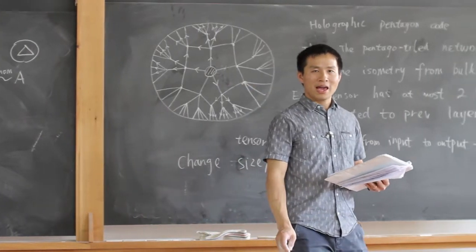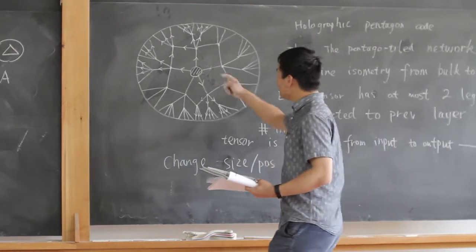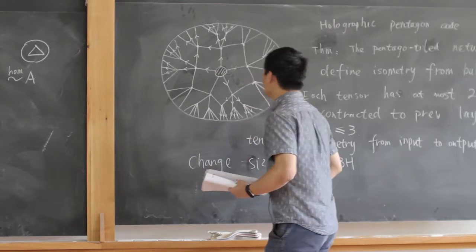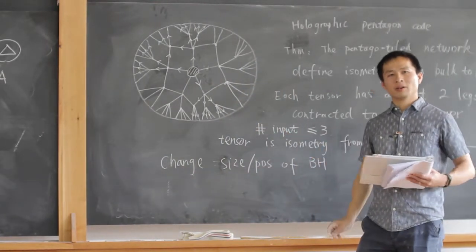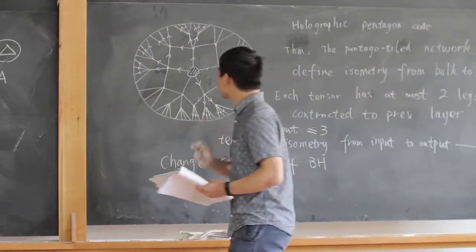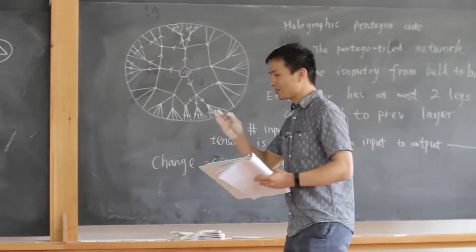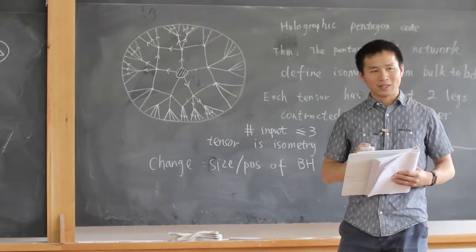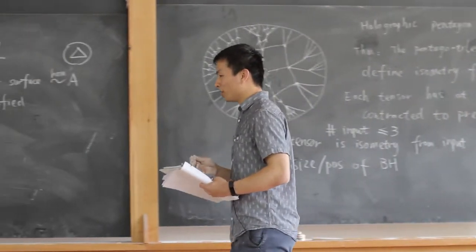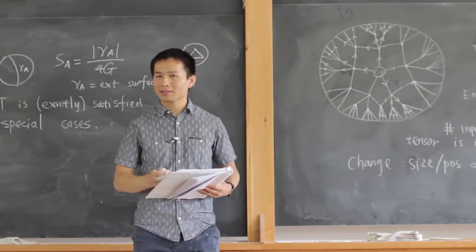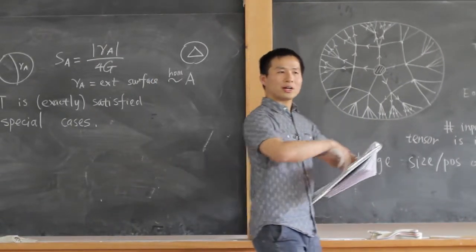When we tile it by hexagons, each vertex is contracted with 6 neighboring vertices instead of 5. That means we're not left with any dangling bulk legs, but that means we're just constructing a state.